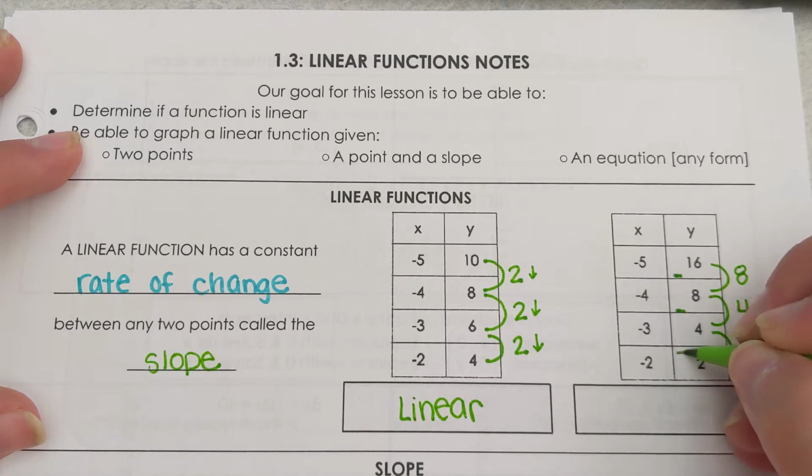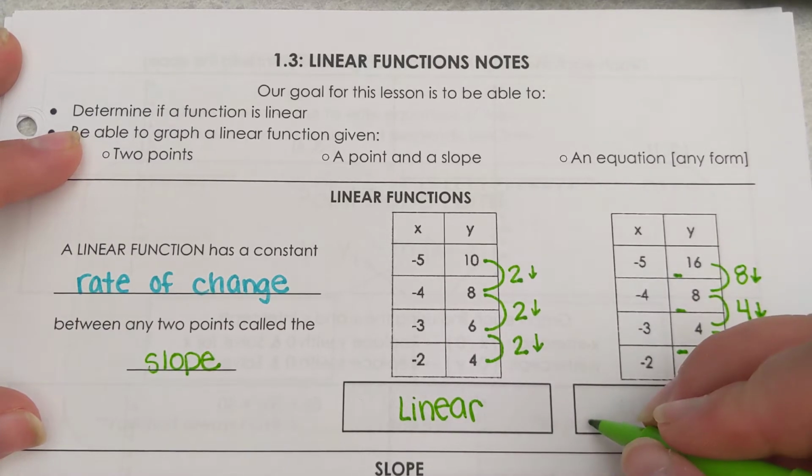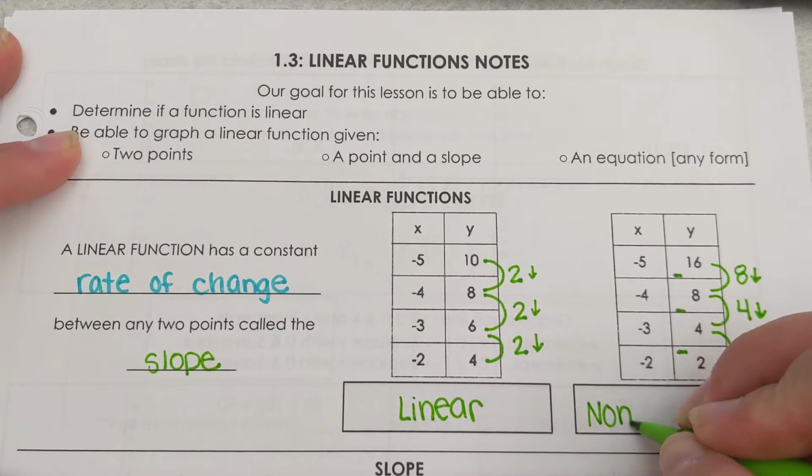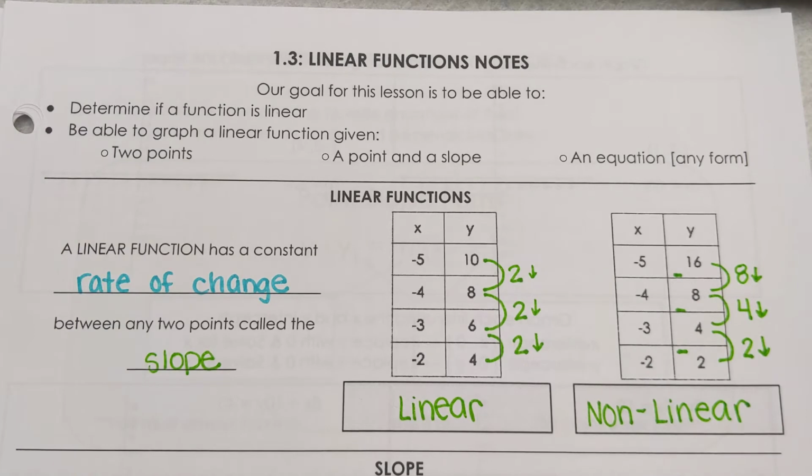And 4 minus 2 is 2. Okay, and these are also going down. So it would have a negative slope if these were all the same number, but they're not. So since that's constantly changing, it doesn't have a constant slope. So we would say that that is non-linear.